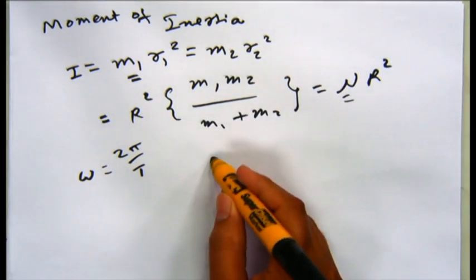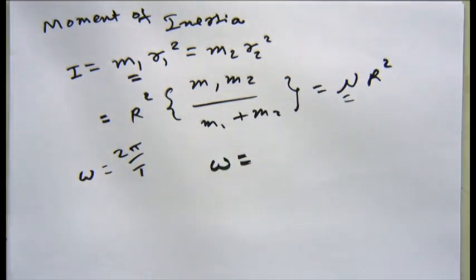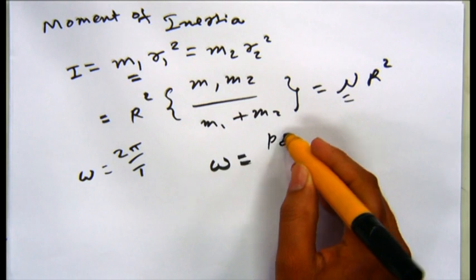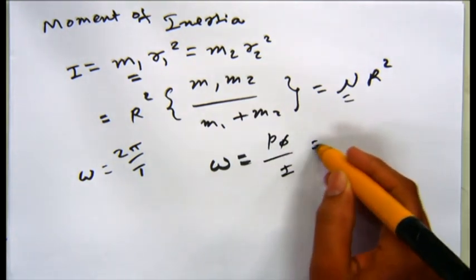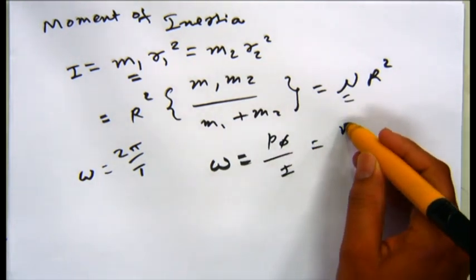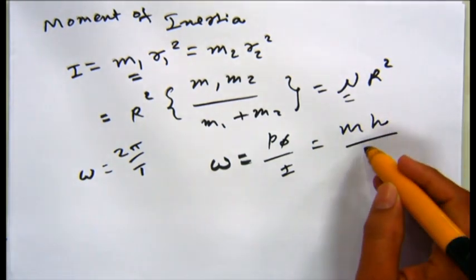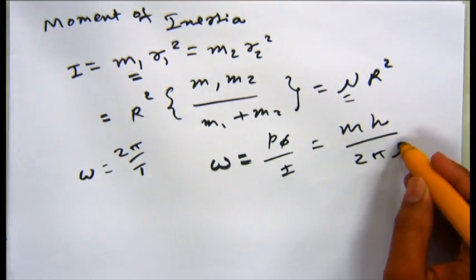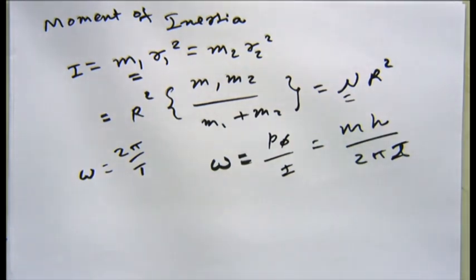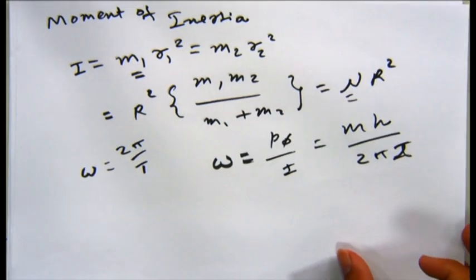Further, omega can be written as 2 pi by T, and that is equal to mh upon 2 pi I. So omega can be written in this manner.